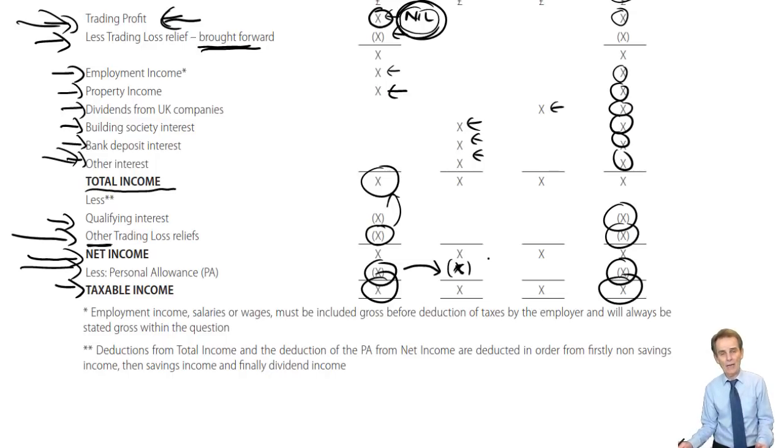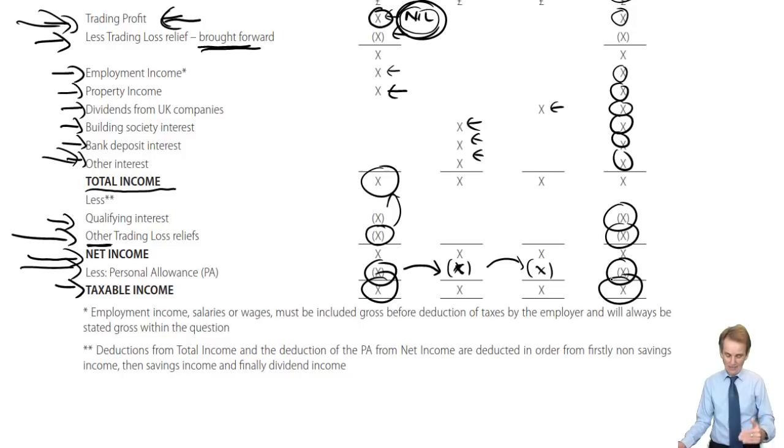If we were able to eliminate all of the savings income with this extra personal allowance, and there was still some left over, again, not that likely, but that then would go in turn to be deducted from your dividend income. So that's why we have those columns in that order, because deductions from those sources of income are done in that order: non-savings, savings, and dividend.